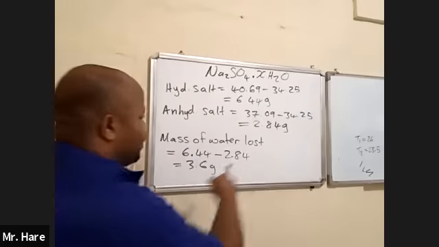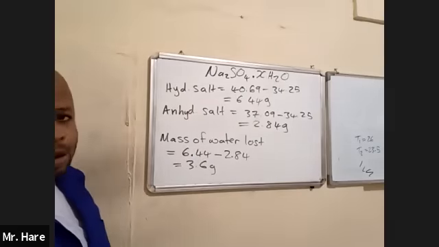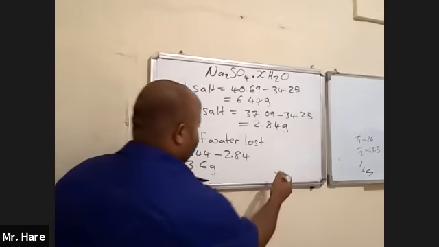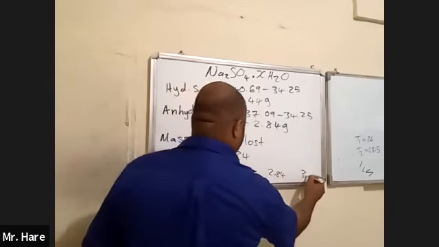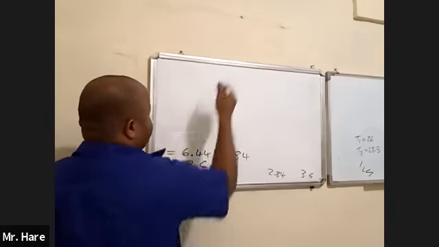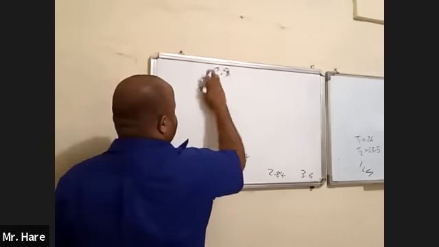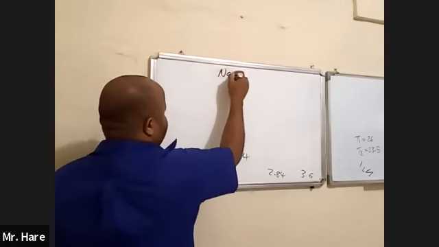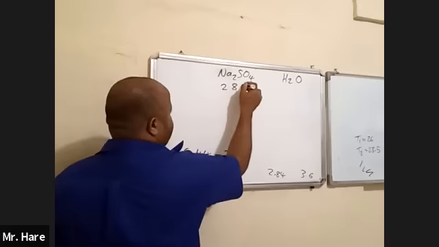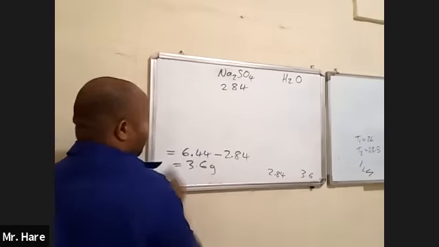All right, so of the three masses here, which two are we going to proceed with? 2.84 and 3.6. So the anhydrous salt and the mass of water lost. What's the molar mass for sodium sulfate? 142.